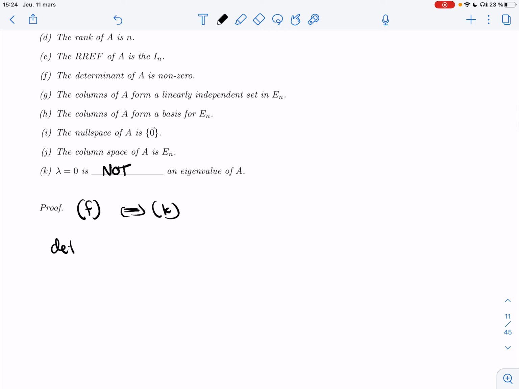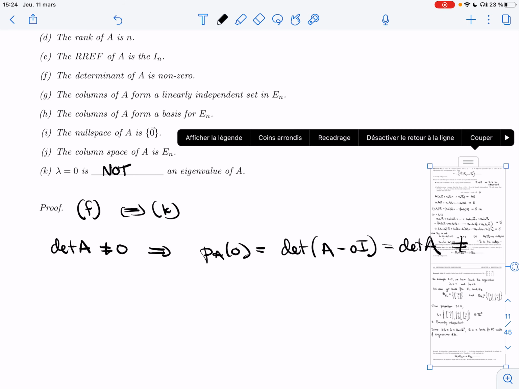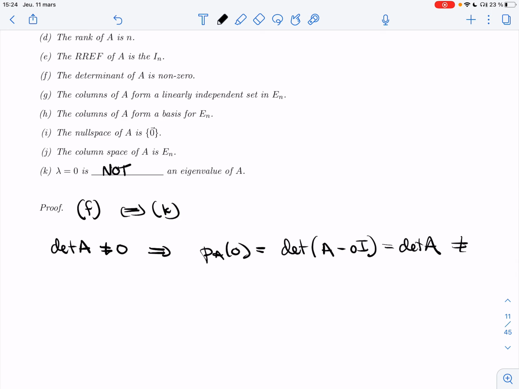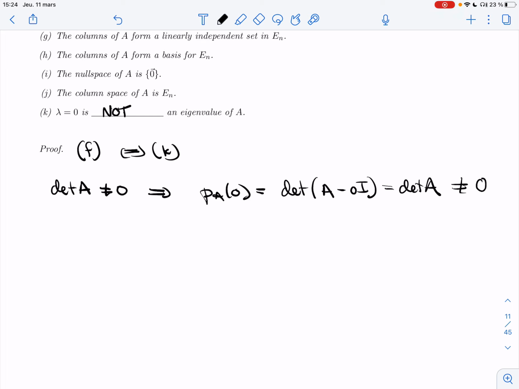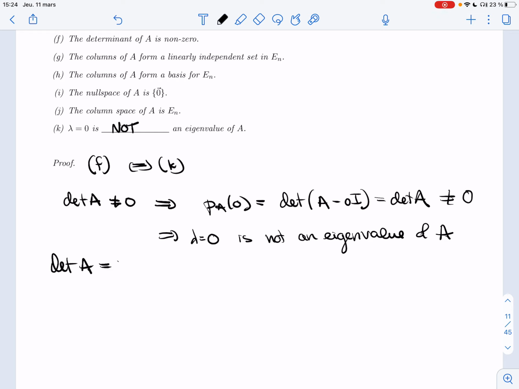So if the determinant of A is not 0, then PA at 0, which is the determinant of A minus 0I, is the determinant of A. That isn't 0, and so 0 is not an eigenvalue of A. All right, so now let's start with the determinant of A being 0.